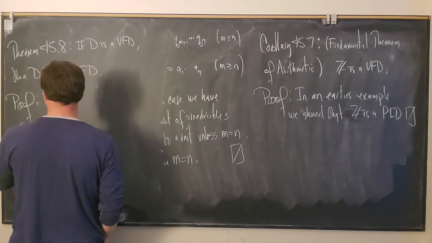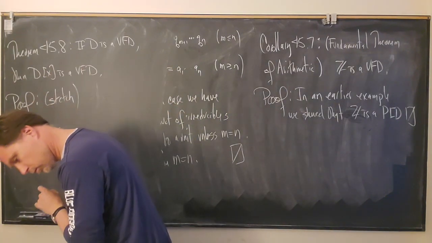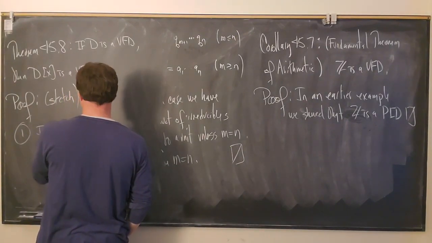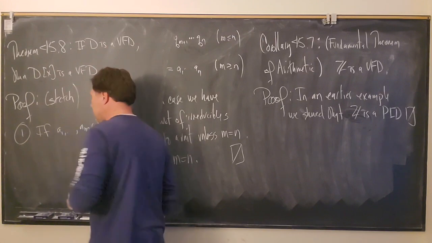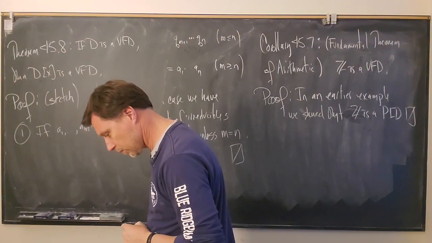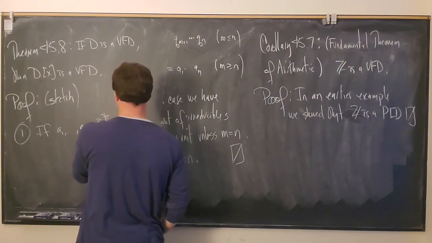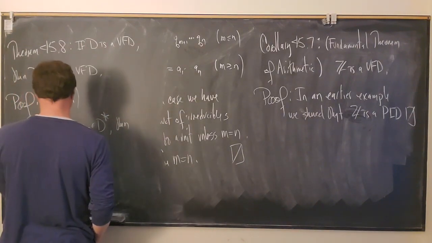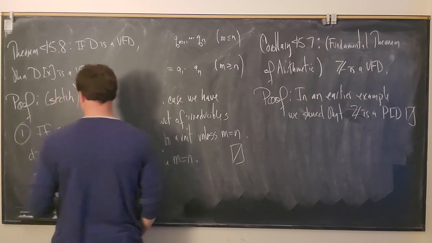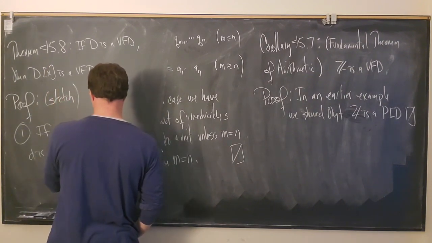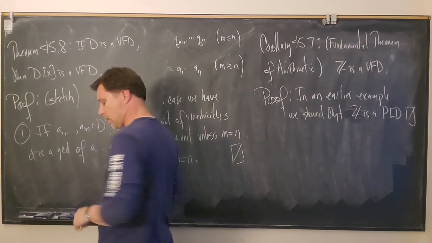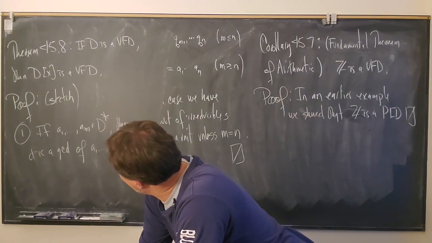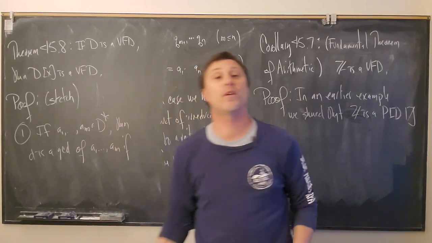So if A1 up through A sub M are elements of D star, so non-zero elements, then D is a GCD of A1 up through AM if, okay, so now here's the problem, with the integers, we have a notion of larger.